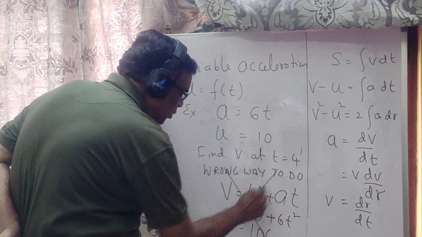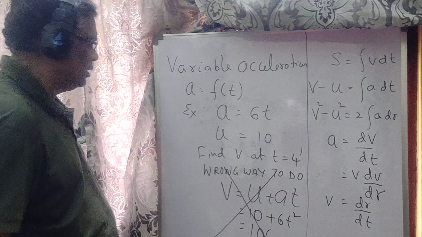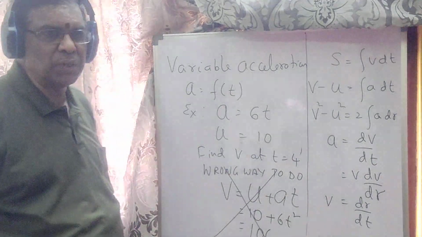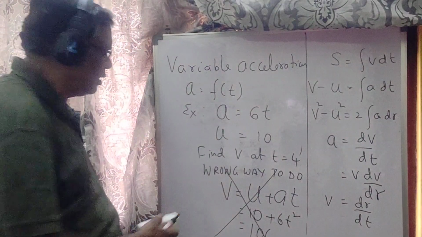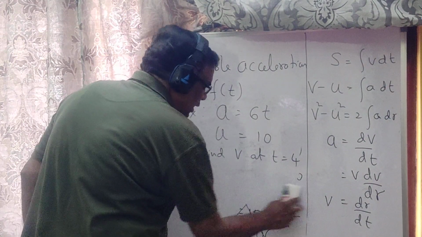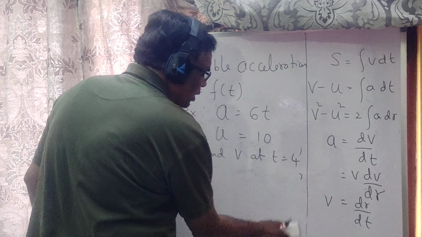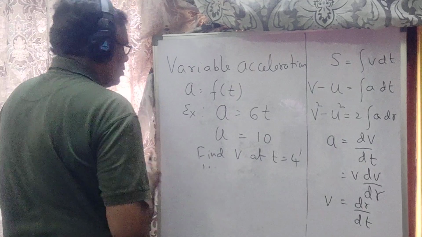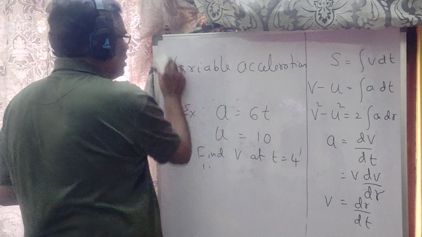I want you to understand that this is the wrong way because you are using this formula which is in your mind almost for years together. What is the correct way to do it? The correct way to do it is go with this expression. What is that expression?